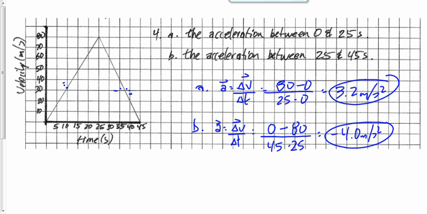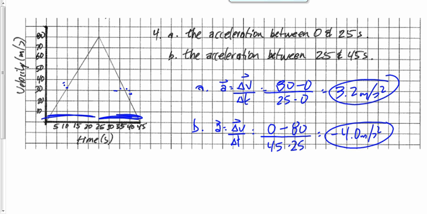But the big thing that I spotted right away is that the change in velocity is the same, but the second interval is doing it over 20 seconds, whereas the first one's doing it over 25 seconds. So if you're going to cover the same change in velocity over a shorter period of time, we know it's going to be a bigger acceleration, whatever the value is. All right?